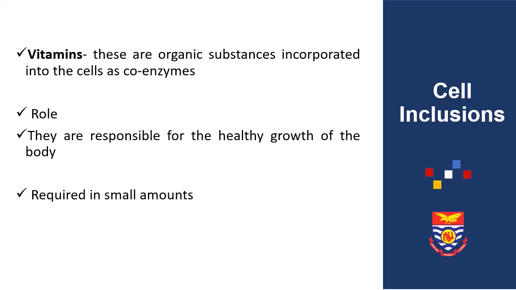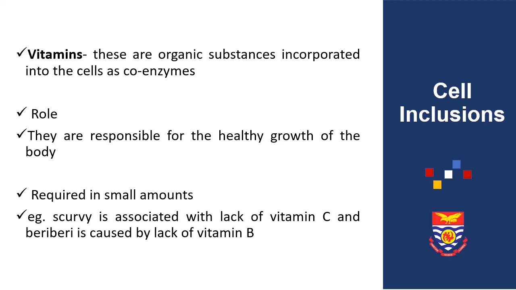And even though they are required in small amounts, the deficiency of any of them has a profound effect on the normal functioning of the body. For instance, lack of vitamin C is associated with scurvy. And if someone lacks vitamin B, the person could also suffer from beriberi.